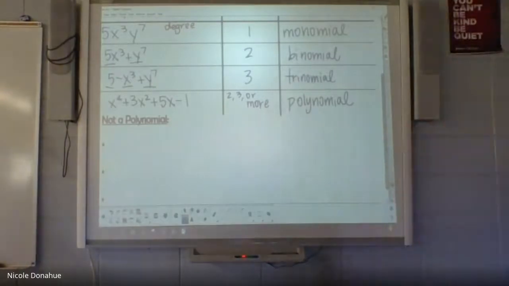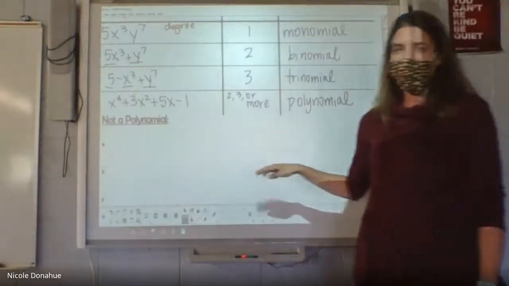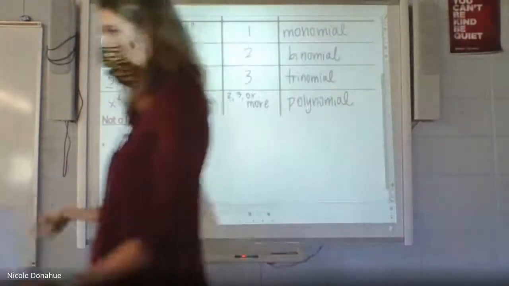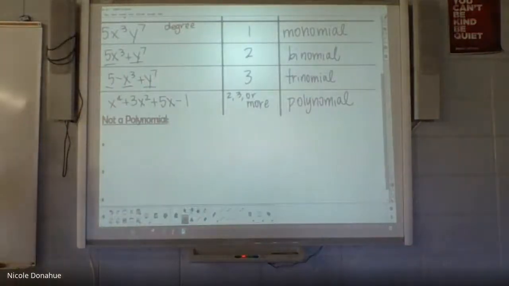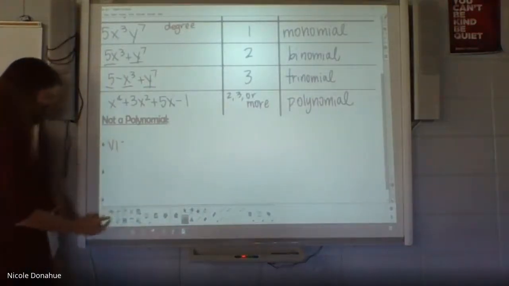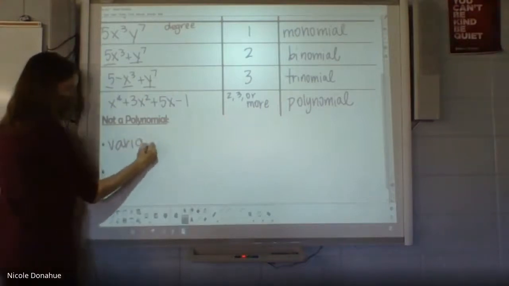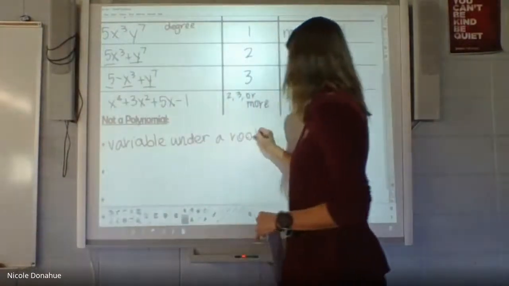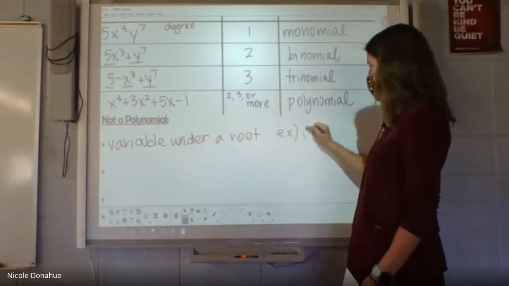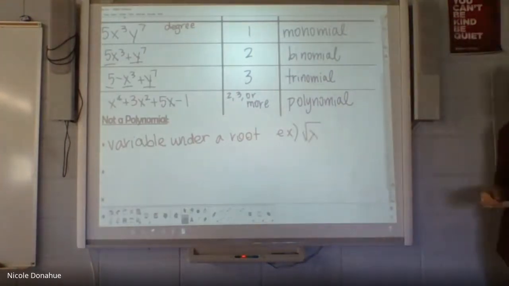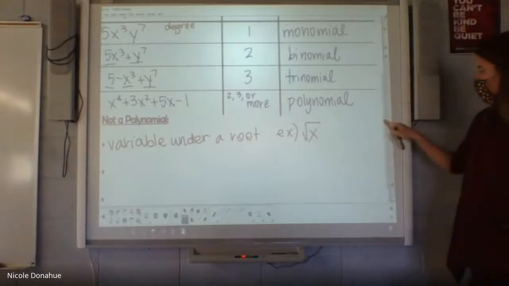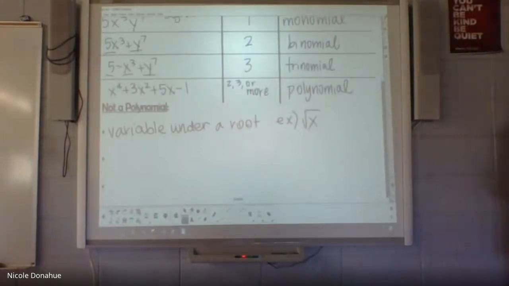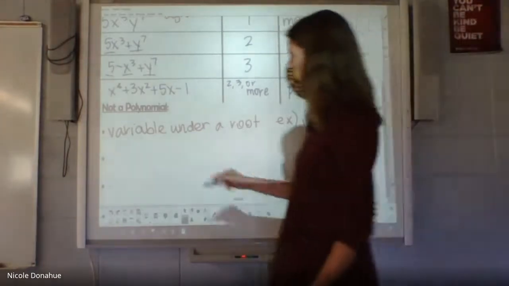I want to talk to you guys about what makes something not a polynomial as well. The things I'm going to list here are all examples of things that aren't polynomials. If they ask you, is this a polynomial, yes or no, you can just say no. So a variable under a root. For example, the square root of x is not considered a polynomial.